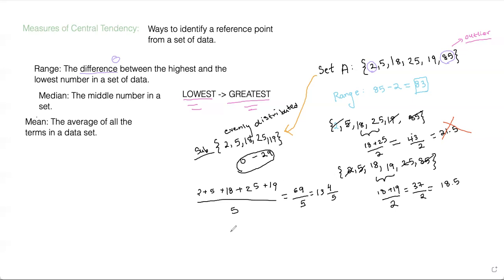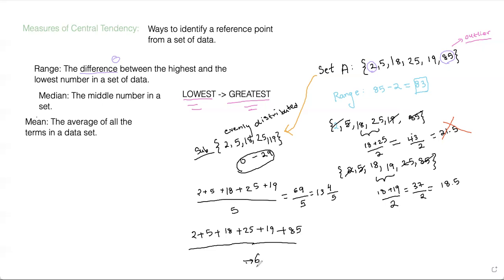Now let's find the mean of set A, which would basically just be 2 plus 5 plus 18 plus 25 plus 19 plus 85, right? So make sure that you account for the extra term that you just added.